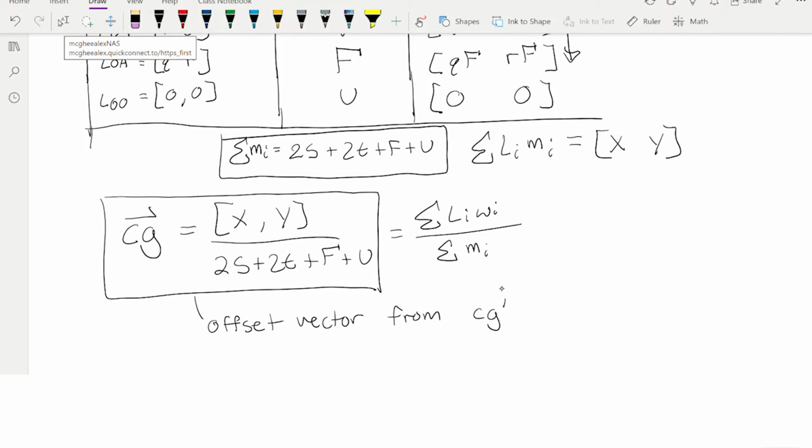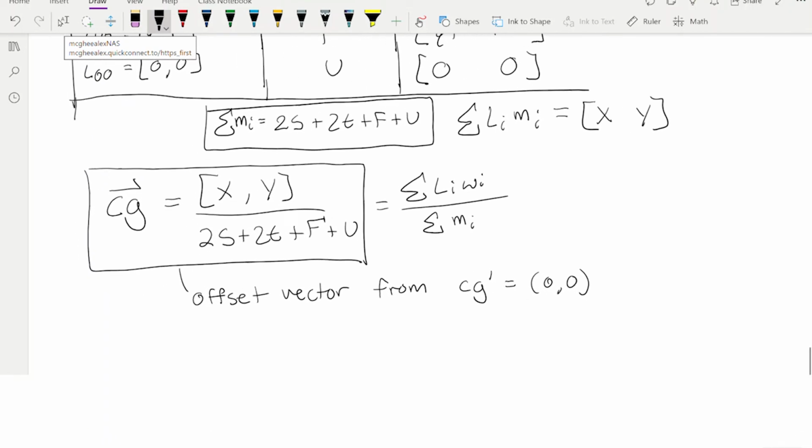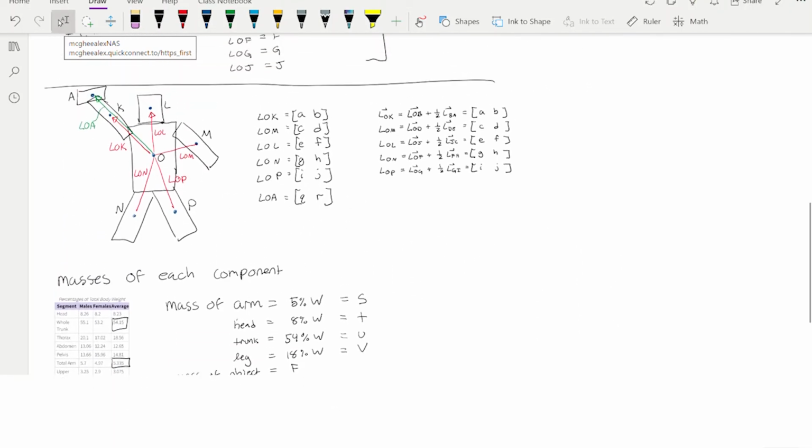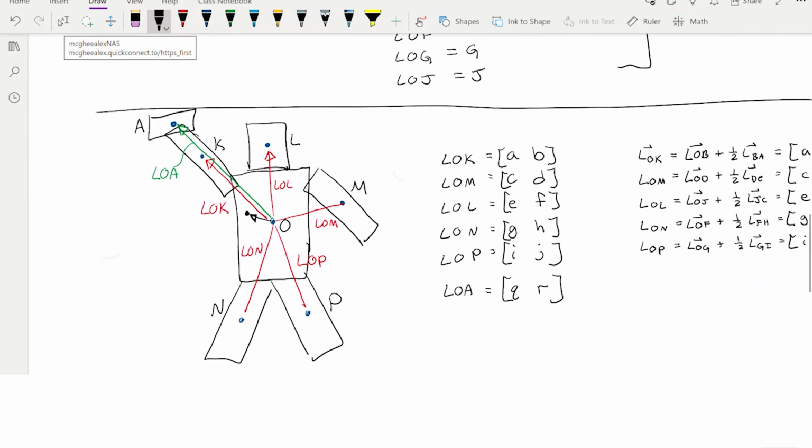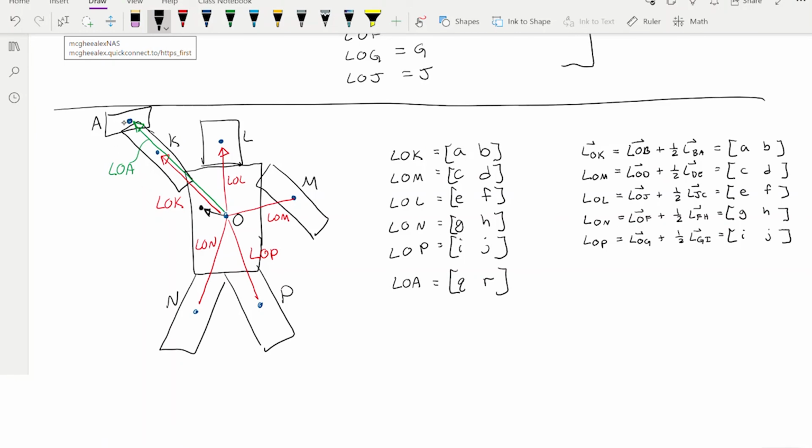Right? So that's the offset from here. So in this case, it's probably some kind of vector here that shifts the center of gravity just a little bit left, or person's right, because of this weight A. Right now, the rest of this thing is symmetric, really, about O.